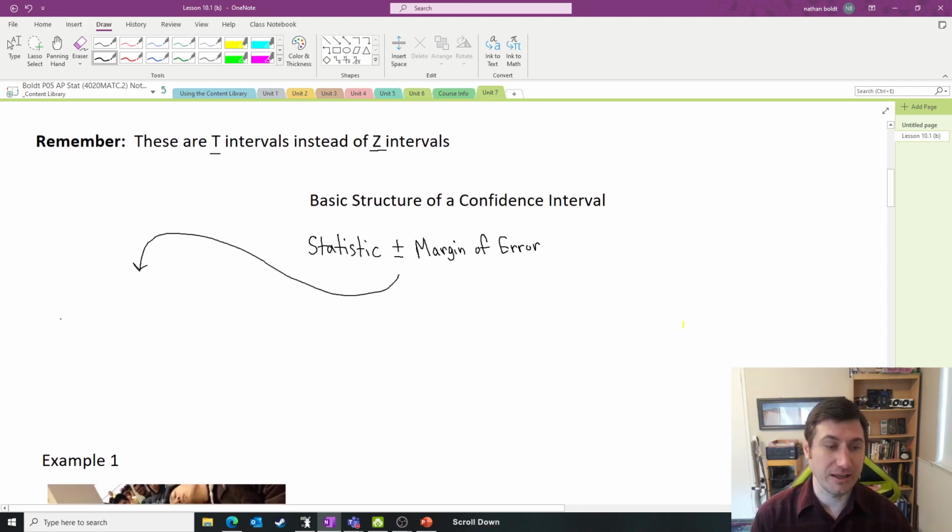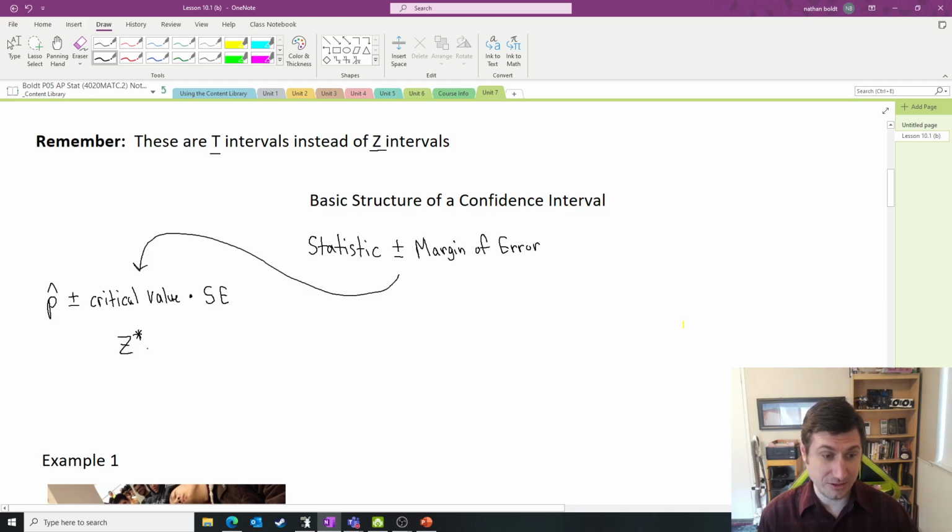Now, when we did this for proportions, what does that look like? Well, that was p hat plus or minus the margin of error, which was the critical value times the standard error. And for that case, the critical value, we called it z star.